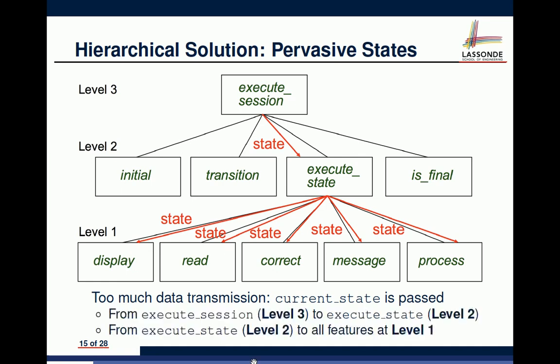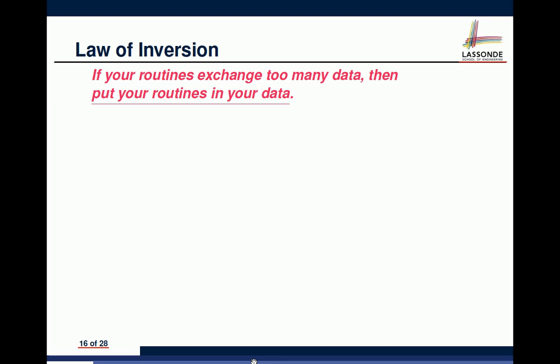So now what we really want to know is there is a law called the law of inversion. You can also refer to the textbook for OOSC2. Let me read it to you. It says if your routine exchanges too much data, in this case the current states, the state information, then put your routines in your data.